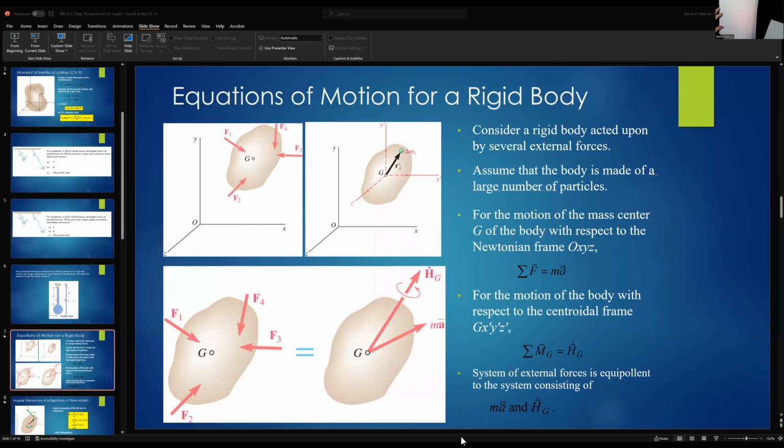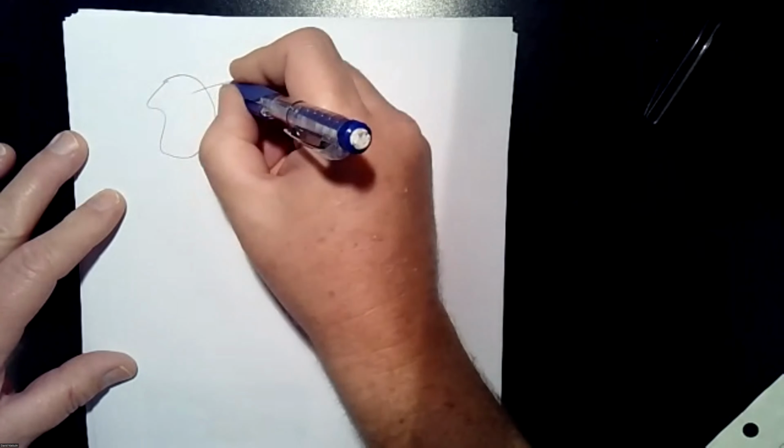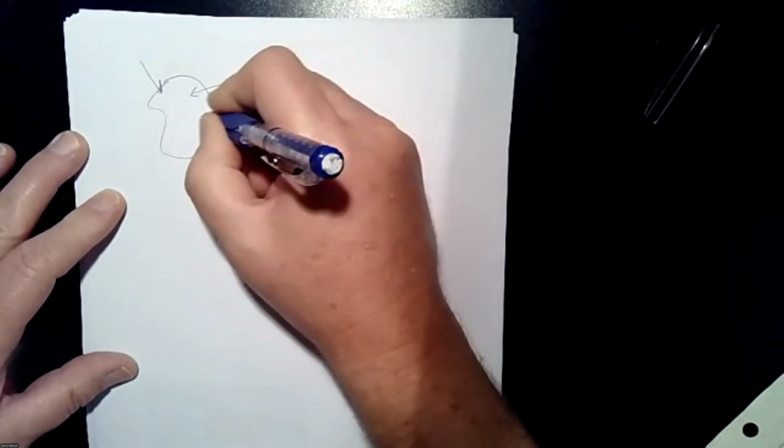And so maybe it's easier to draw it. Let me go ahead and stop sharing. So you have this blob in space, and you have all these forces acting on it.